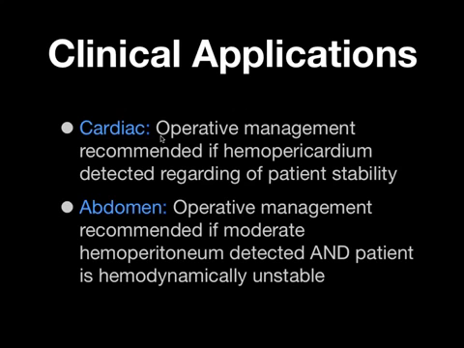How you do not want to use the FAST exam when you're trying to detect hemoperitoneum is to use it as a way to triage people out of the ED. Somebody who you feel is at high risk for intra-abdominal injury but has a negative FAST exam, if they're stable, they need to go and have further imaging, i.e. the CAT scan.